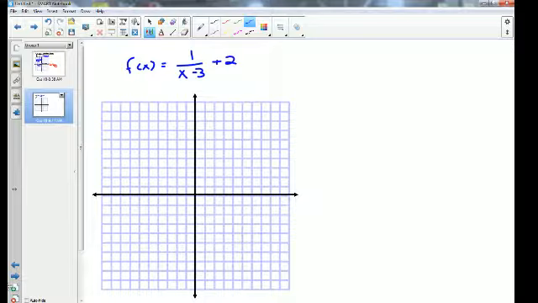Child, right? Exact same function. We just translated it. Which direction? To the right 3 and up 2.